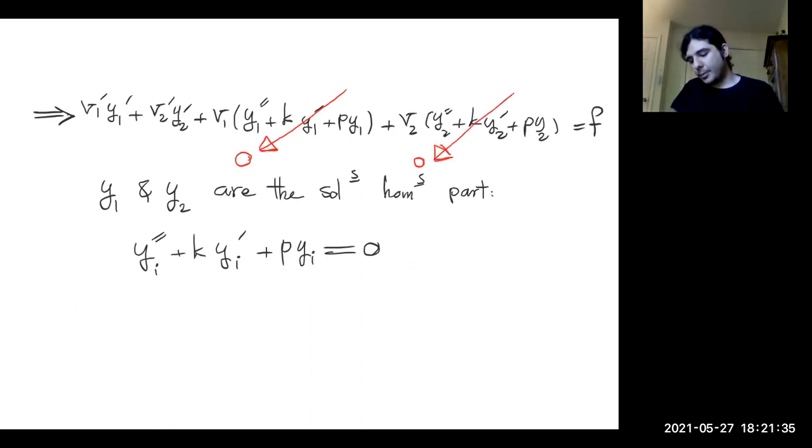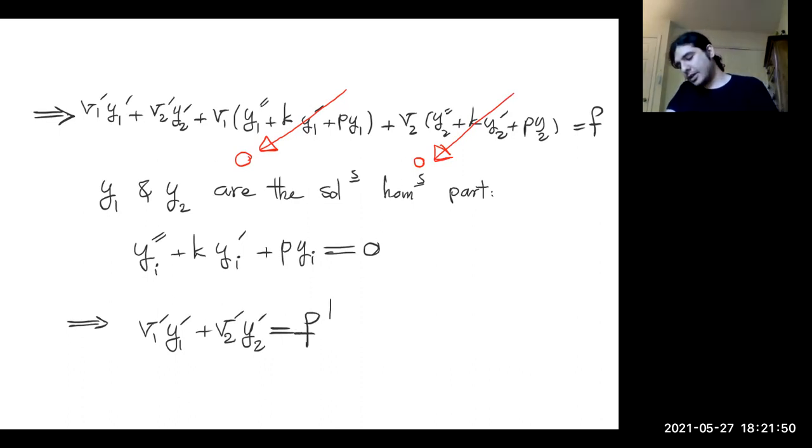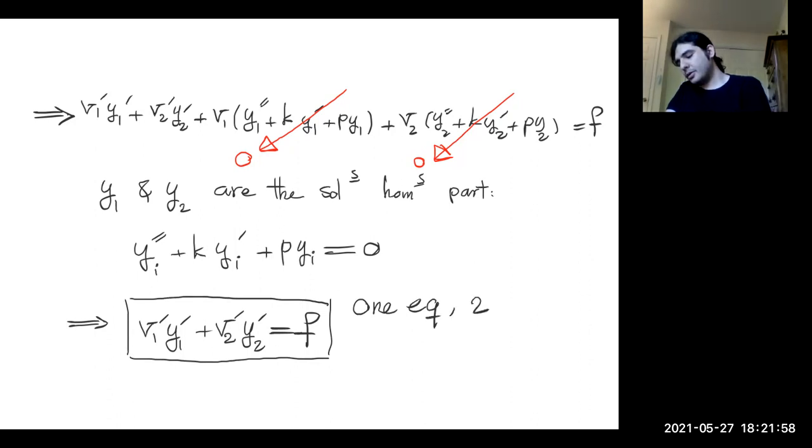So I would end up with v1 prime y1 prime plus v2 prime y2 prime equal to f. Okay, so this is the equation we get to. And as you can see, again, we have one equation and two unknowns.